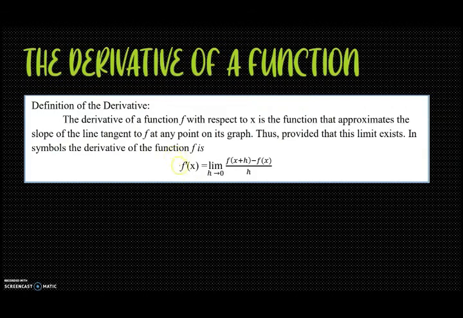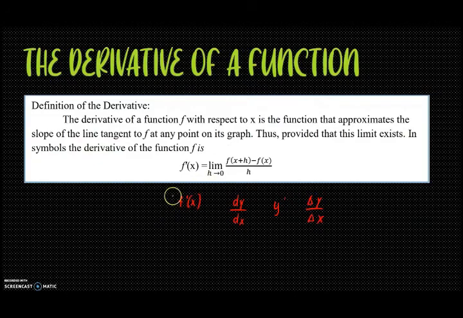Okay, so f prime of x is just one of the notations used to denote the derivative of the function. Now, in other books or in other resources, we can find dy over dx. We can also have y prime and delta y over delta x.